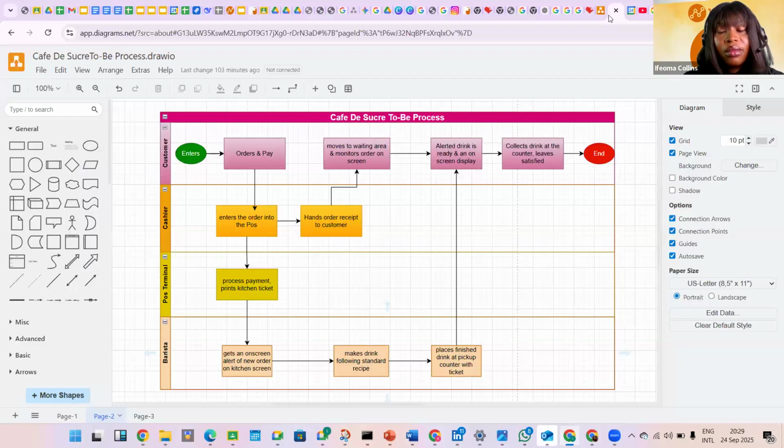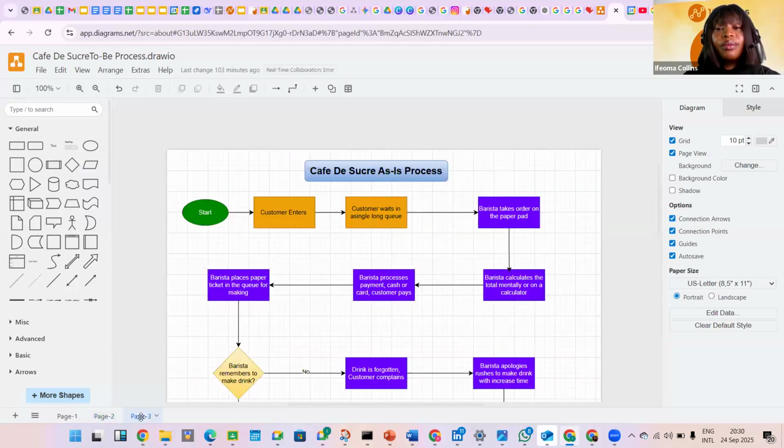All right. So let me know if you can see my screen now. Can everybody see my screen? Yes, we can. All right. Thank you.